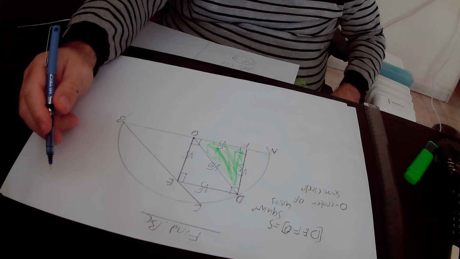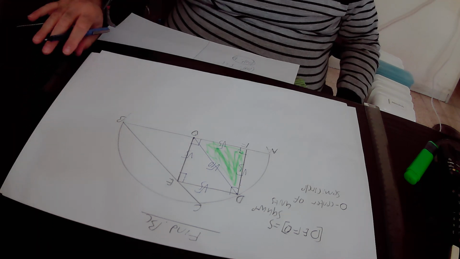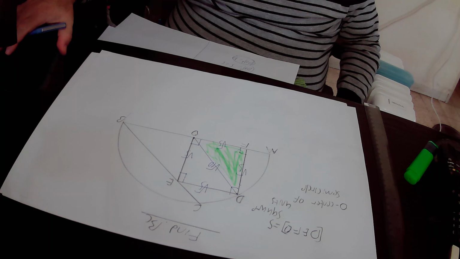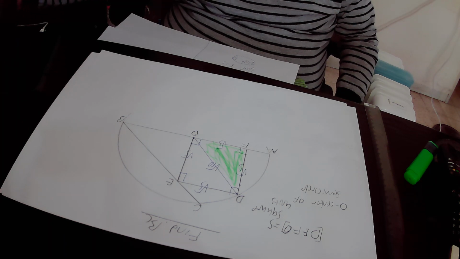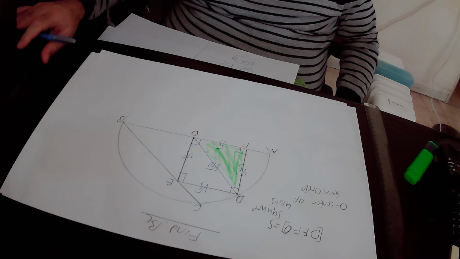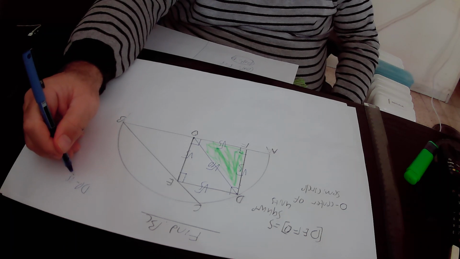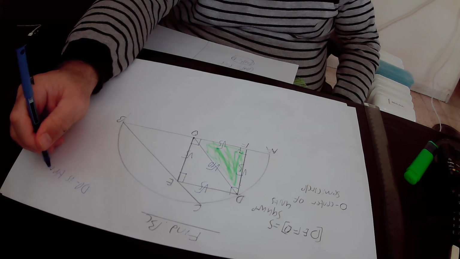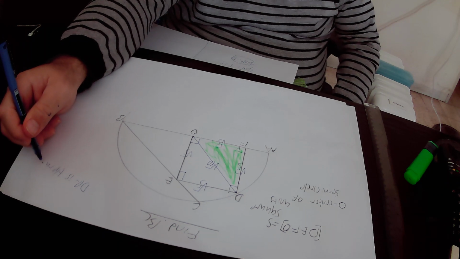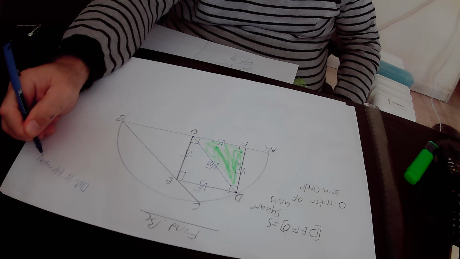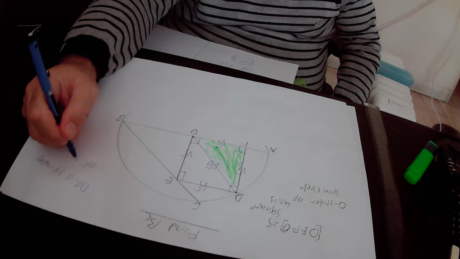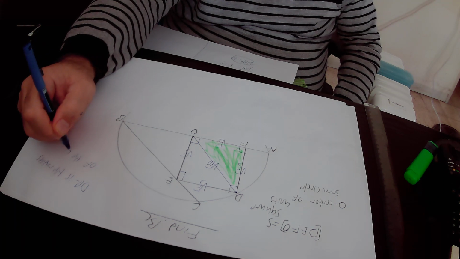So we can write down that DO is the radius of the semicircle.